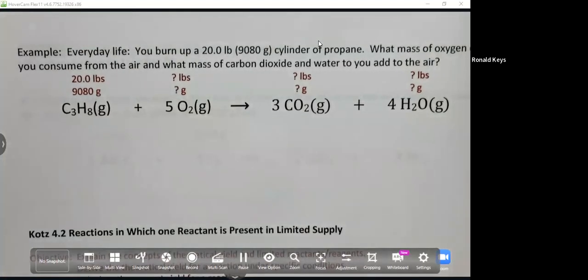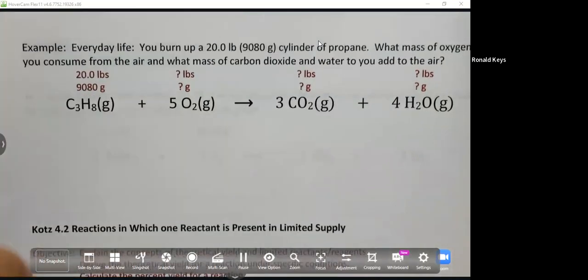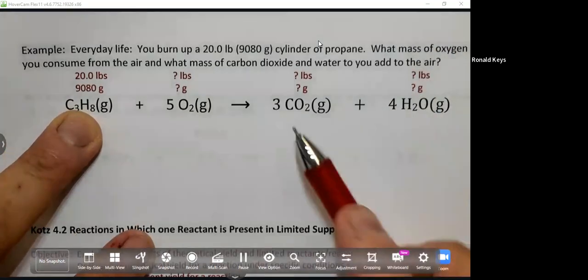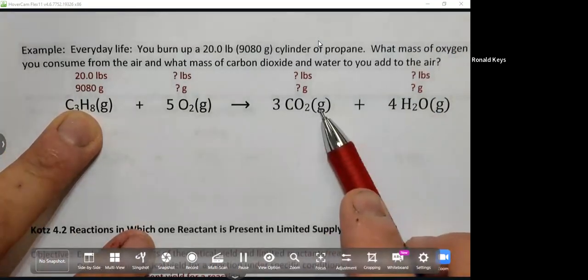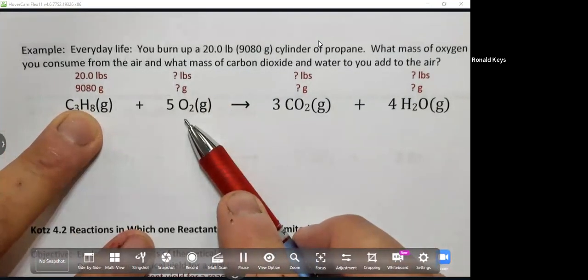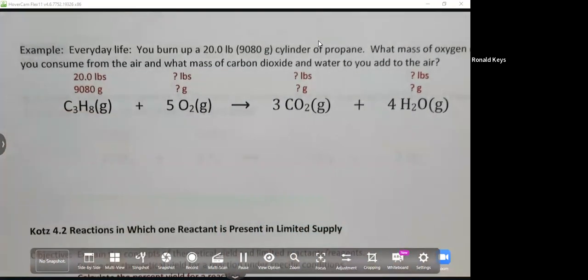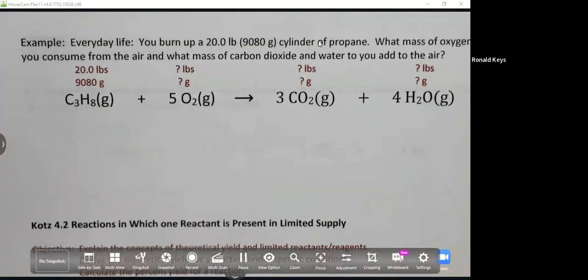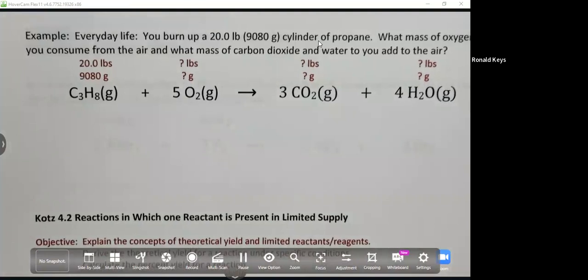Yes? Okay. So my question is, if you burn a 20-pound cylinder of propane, how many pounds of carbon dioxide are you putting into the air? How many pounds of oxygen are you consuming from the air? And how many pounds of water do we get? You can all relate to that. And the numbers don't lie.